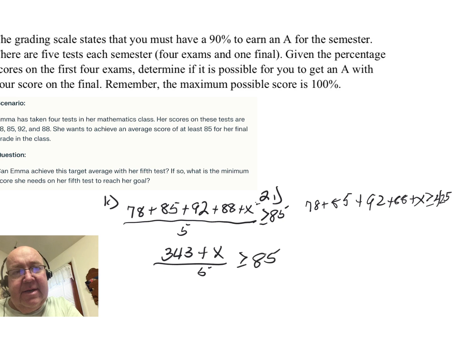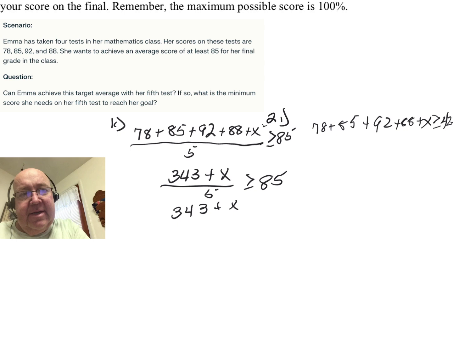Now we're going to multiply, so 343 plus x is greater than or equal to 425. We're going to go ahead and subtract 343 from both sides of the inequality. x has got to be greater than or equal to 82.